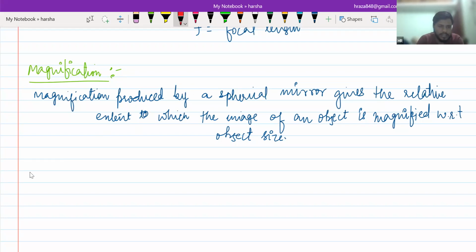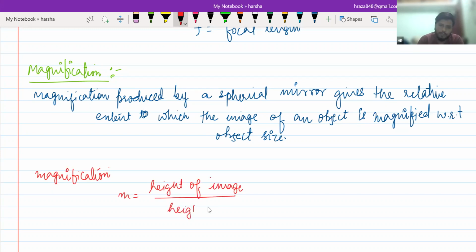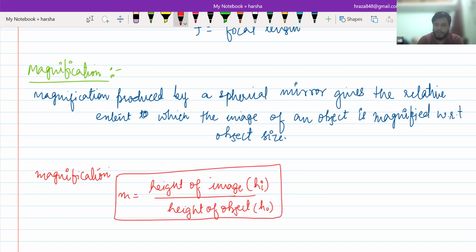Magnification is denoted by M. M is equal to height of image upon height of object. This is the formula of magnification. HI is height of image, and HO is height of object. Here is how we are going to calculate magnification.